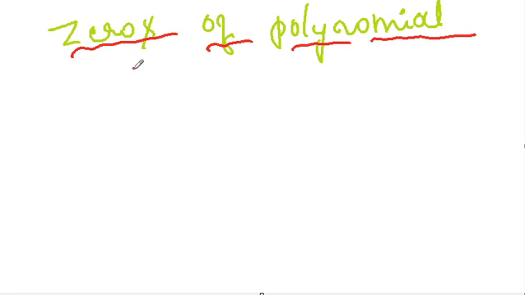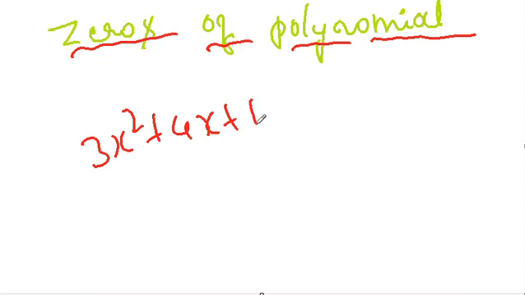Zeros of the polynomial is nothing but, you already know the polynomial definition. For example, I will take one polynomial now, that is 3x square plus 4x plus 1.